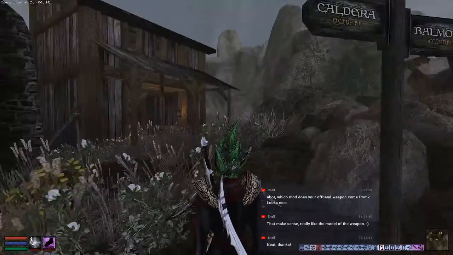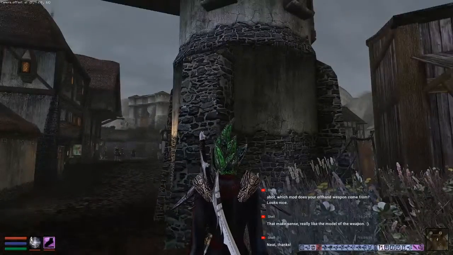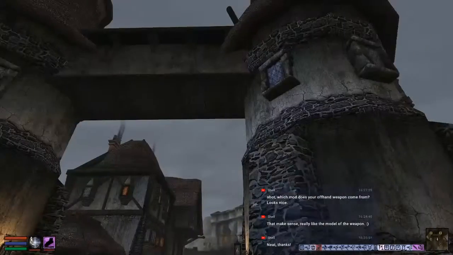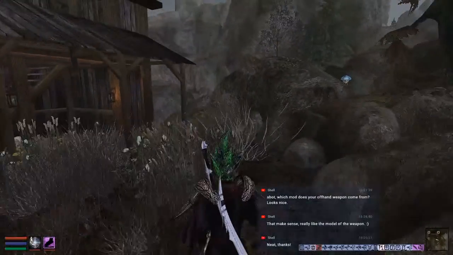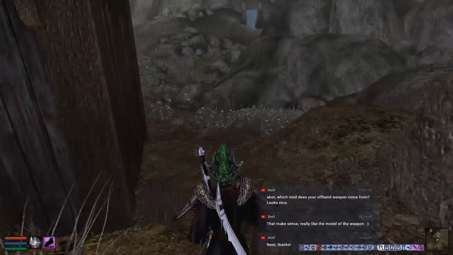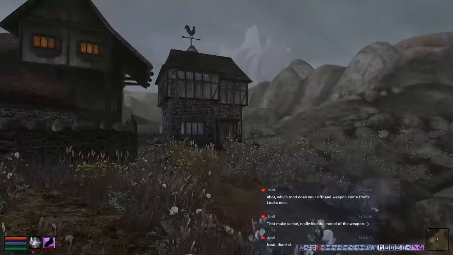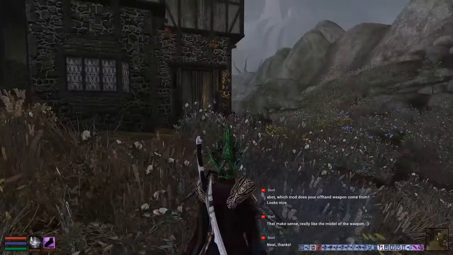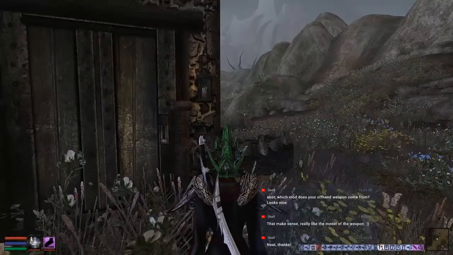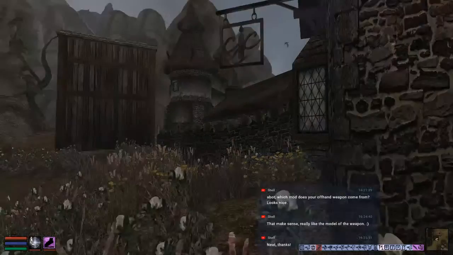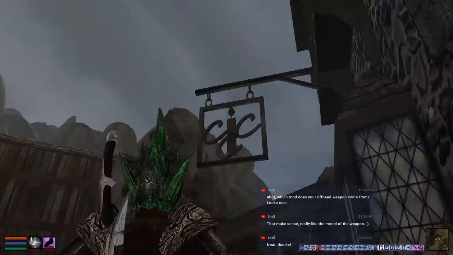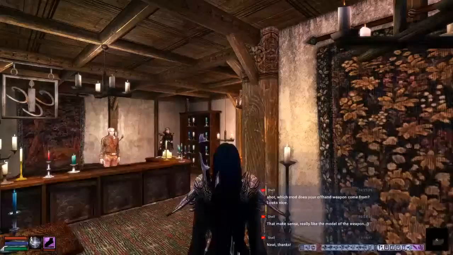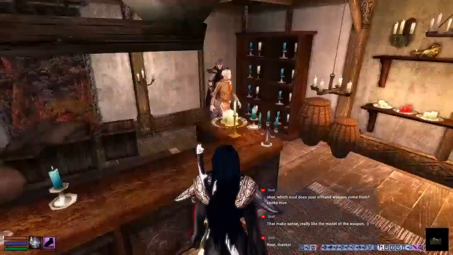Oh, and one thing I love about this mod setting here in Caldera is that the new shop has been positioned in a very clever spot, which is compatible with all the mods I'm using for Caldera. So, a very clever move. This one is open.